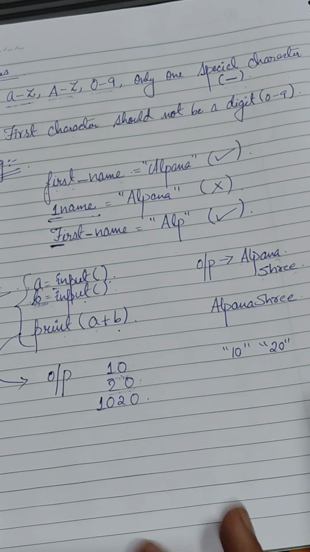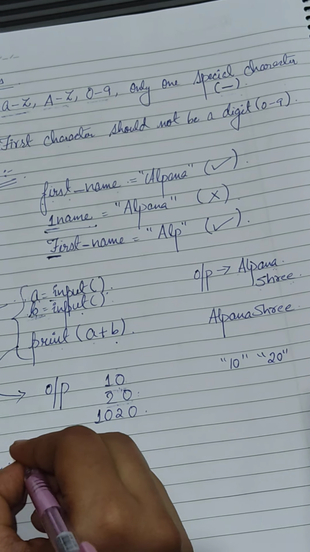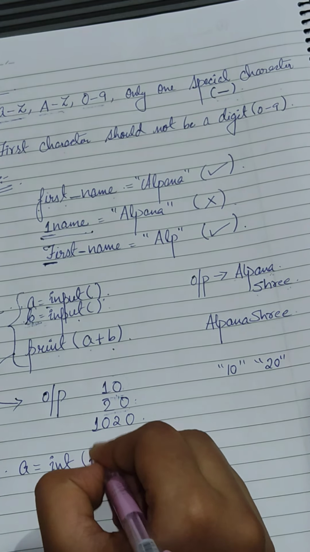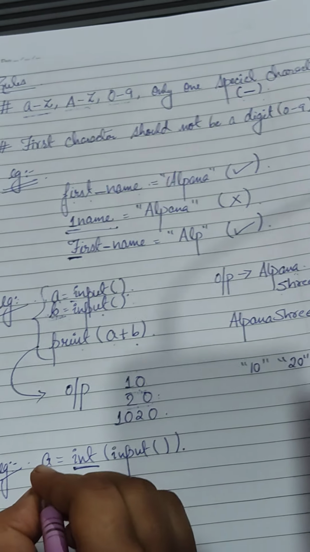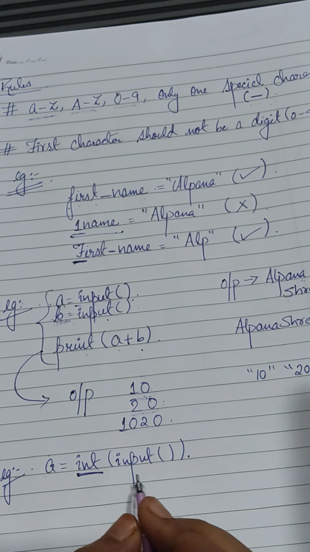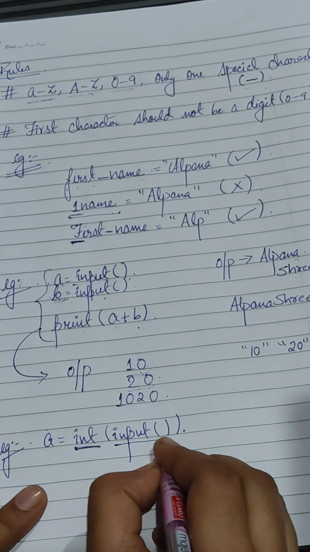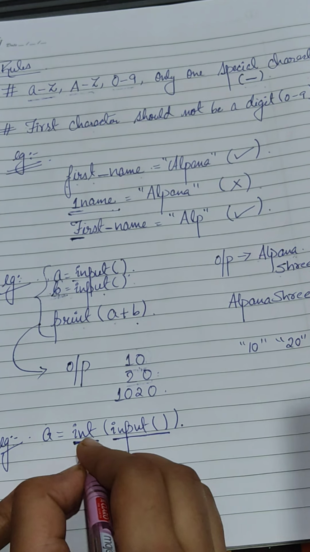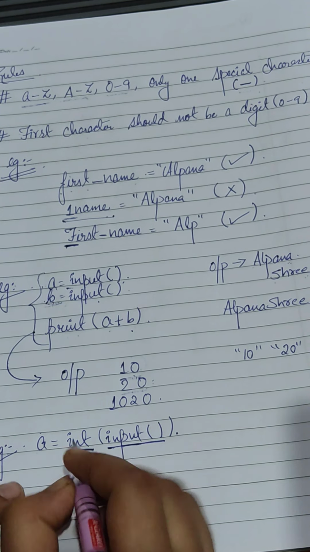To clear this, one more example: a is equal to int of input. Here int represents that a can take an integer value, not a string value. Input takes a string value, and int converts that string value into an integer value.